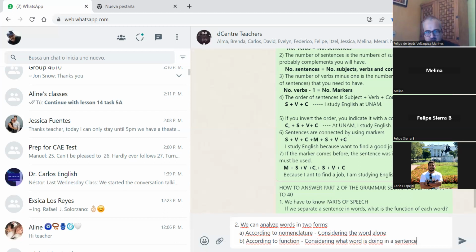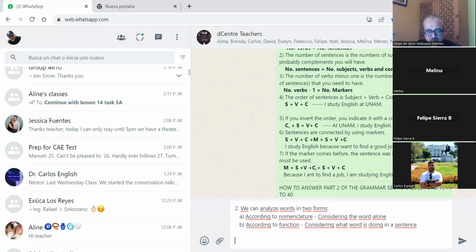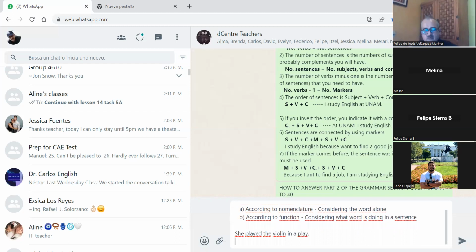So for example, if I say, she played the violin. She played the violin in a play. How many words do we have here? Play, only one. But which teacher we have the other word play?